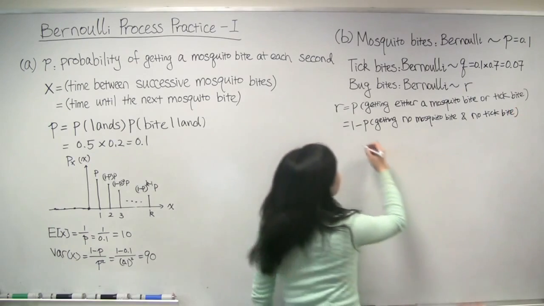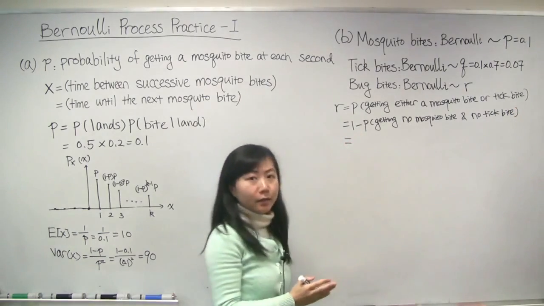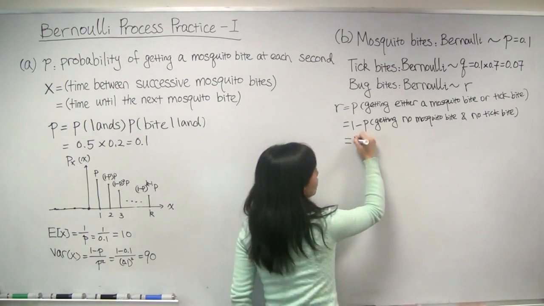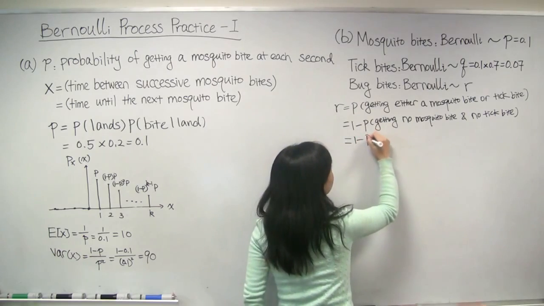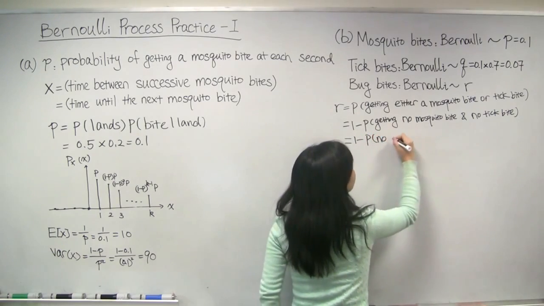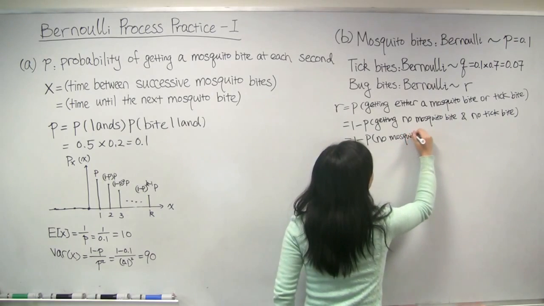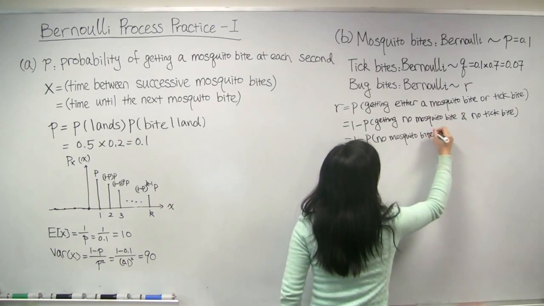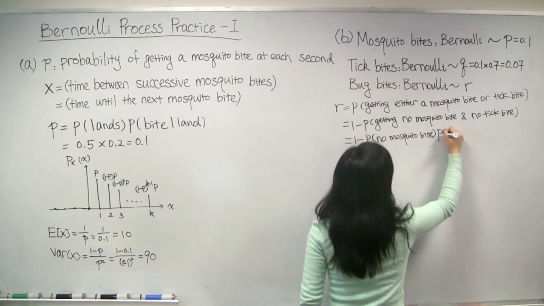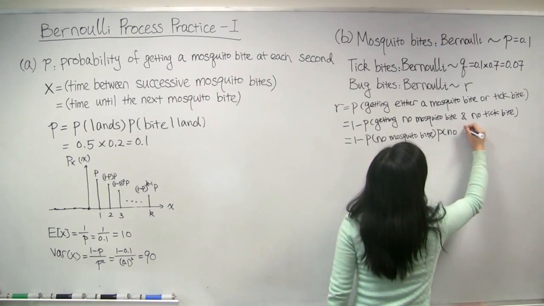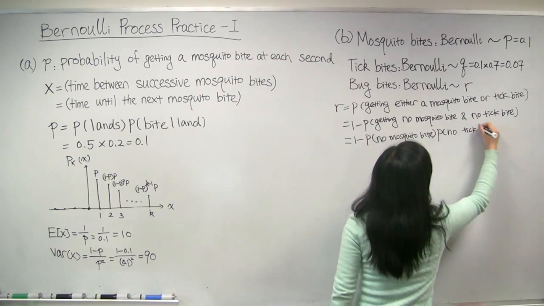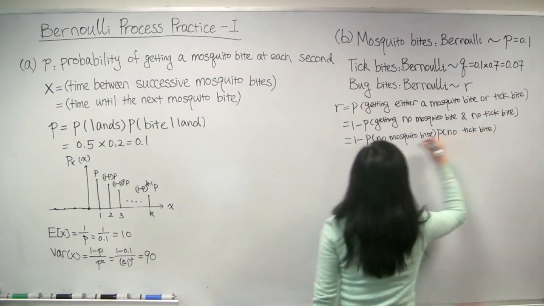Because the mosquito bites and the tick bites happen independently, this can be written as 1 minus the probability of no mosquito bites times the probability of no tick bites at each second.